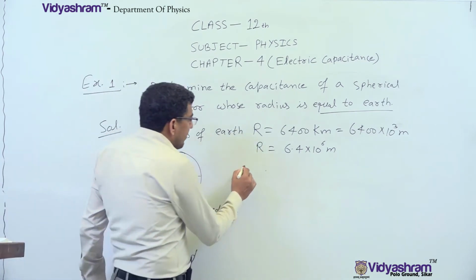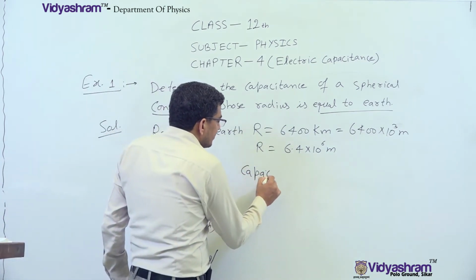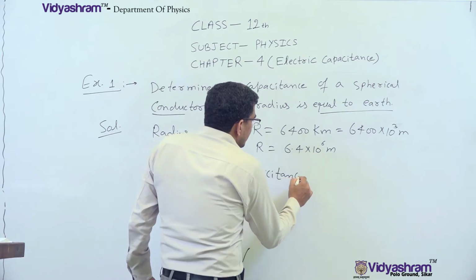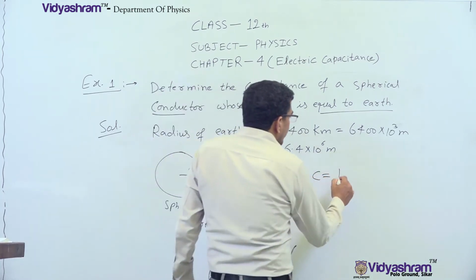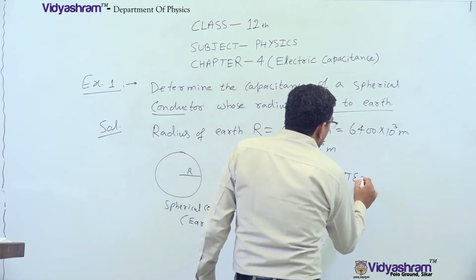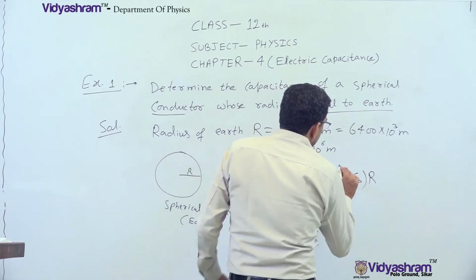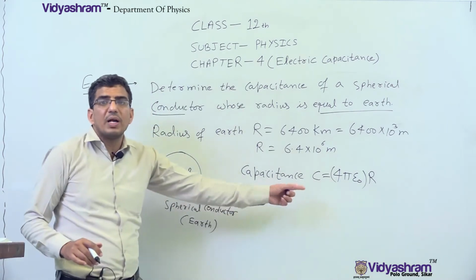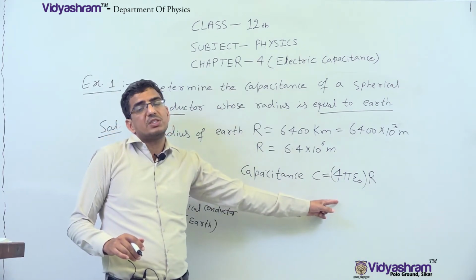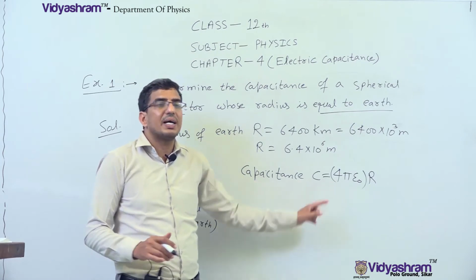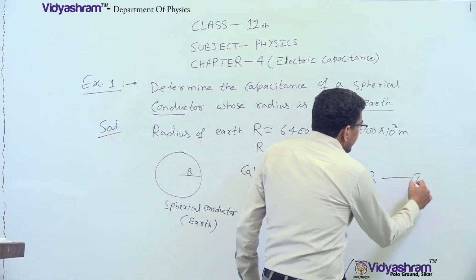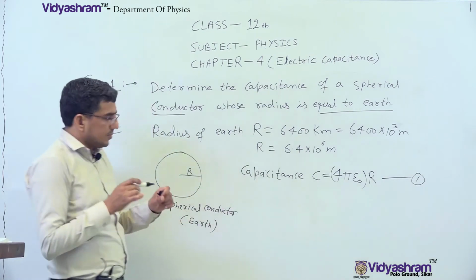The formula of capacitance of a spherical conductor is C equals 4 pi epsilon naught into R. It is equation 1. Okay students?